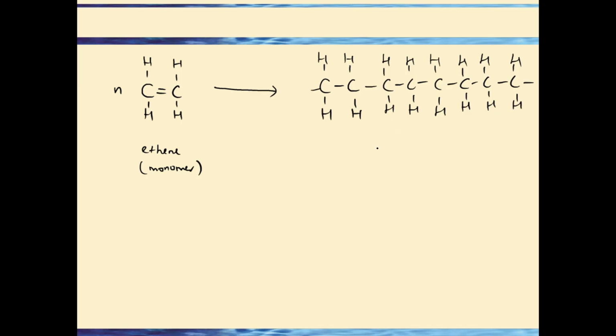So to simplify this, we are going to write it like this, because it's going to keep repeating this part. So we do not have to write everything until n times. N is a very large number that we do not know. So just write this one.